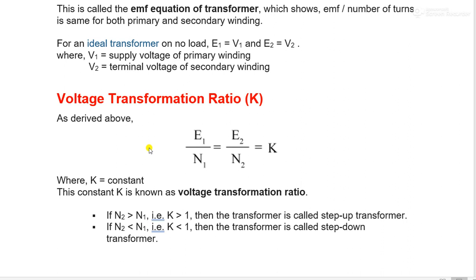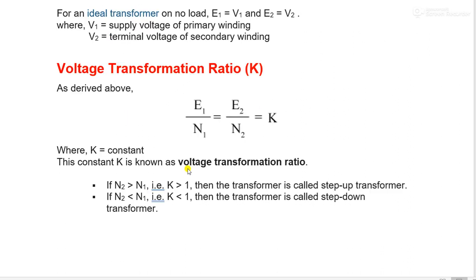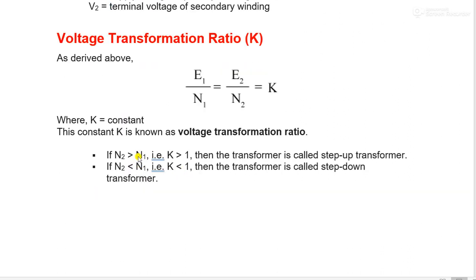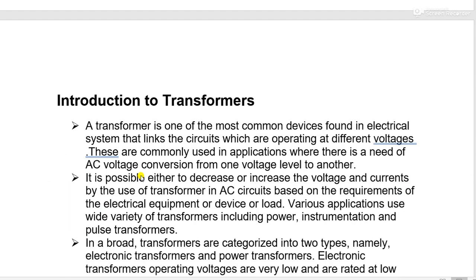The voltage transformation ratio is given by K, derived from E1 upon N1 equals E2 upon N2, which equals a constant K. This constant K is called the voltage transformation ratio. If N2 is greater than N1, meaning the secondary has more turns, then K is greater than 1 and the transformer is called a step up transformer, otherwise it is a step down transformer.